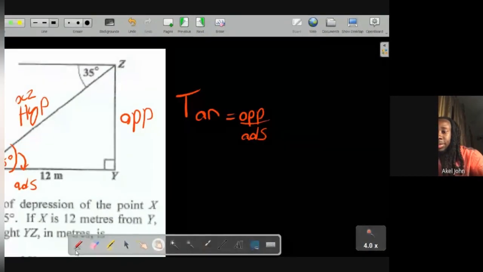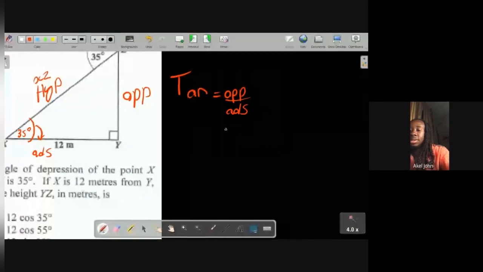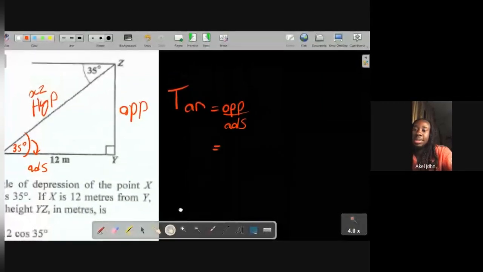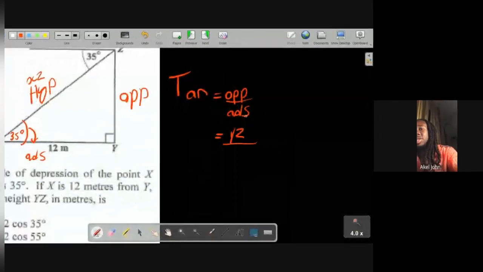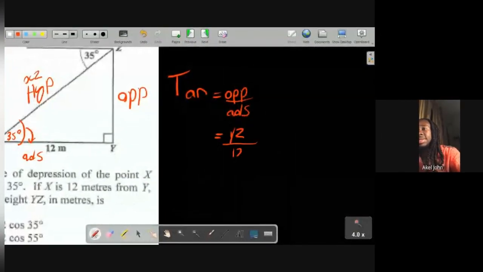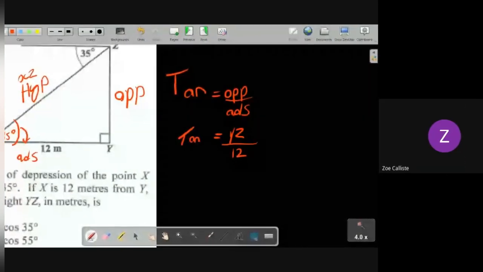The opposite is YZ, and the adjacent is 12 meters, and tan of 35 degrees.